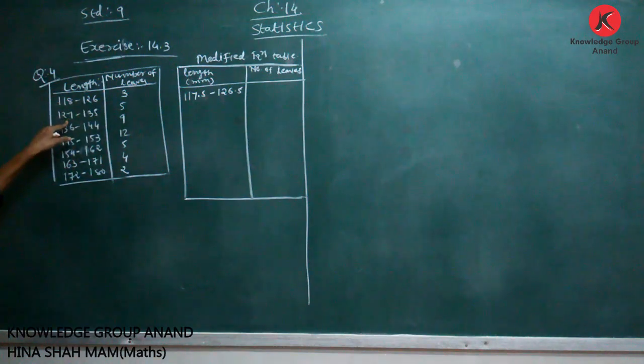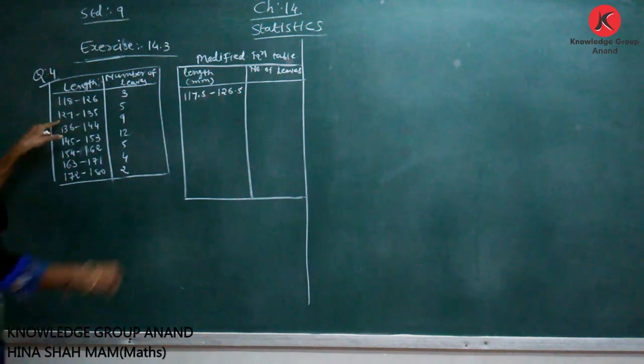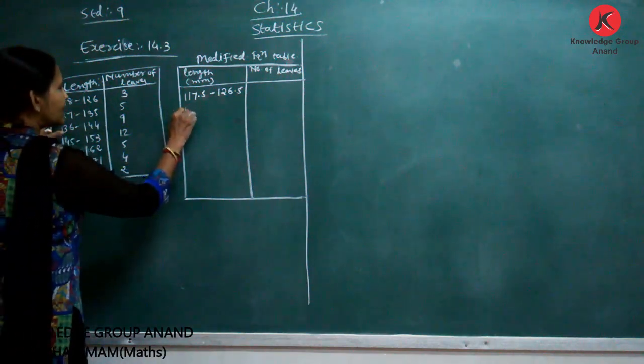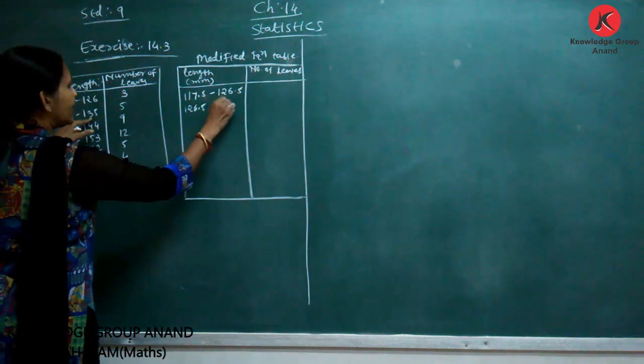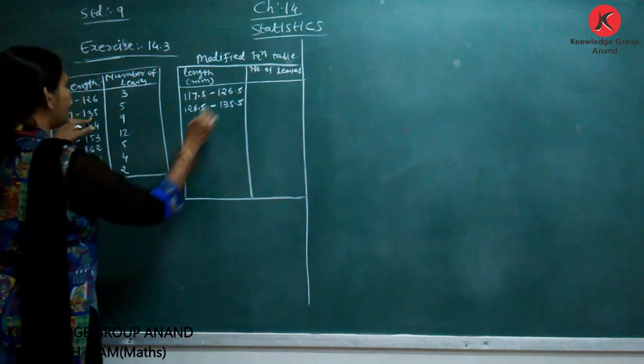Here we write 127 to 135, 0.5 less than 127 is 126.5, to 135.5.